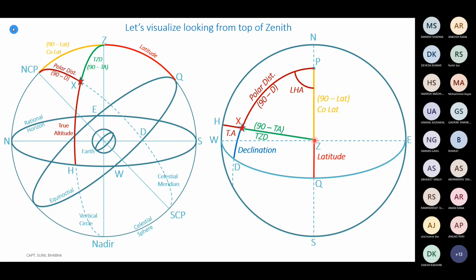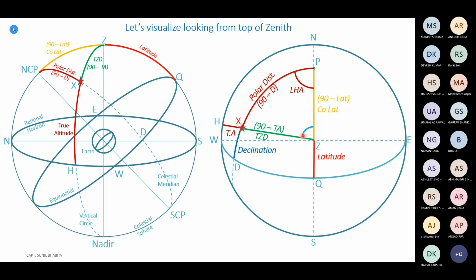Let's concentrate our attention on angle Z. This is the angle between the celestial meridian of the observer, PZQS, and the vertical circle passing through the body. Now this angle is the azimuth of the body.